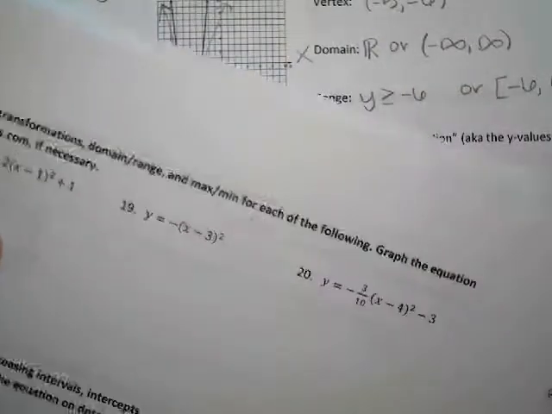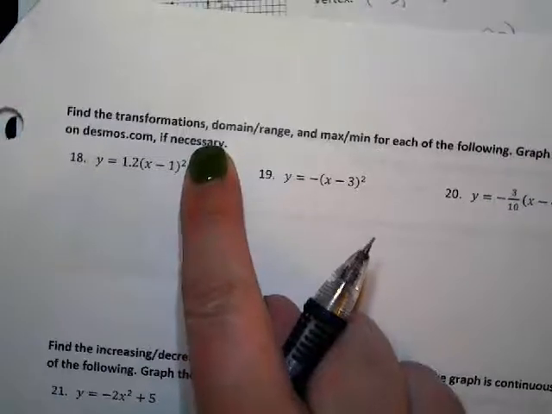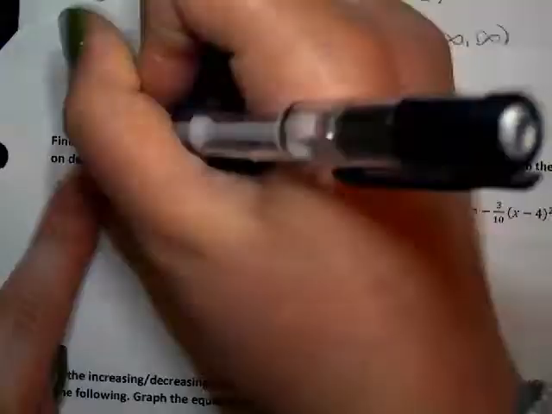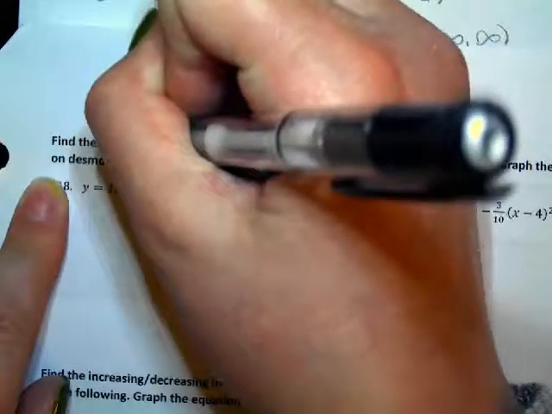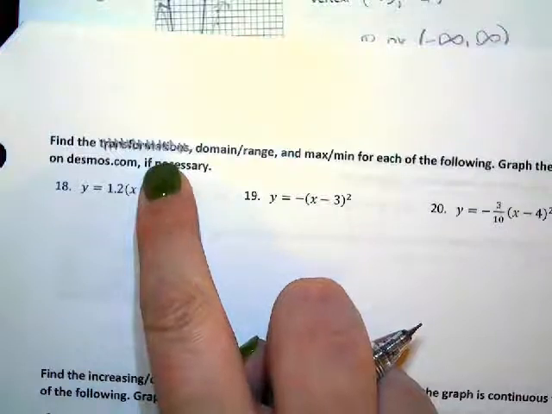So look at the instructions for 18, 19, and 20. You're going to scribble out transformations. So for 18, 19, and 20, you're still going to find the domain and range and the max and min, but you are not going to find the transformations.